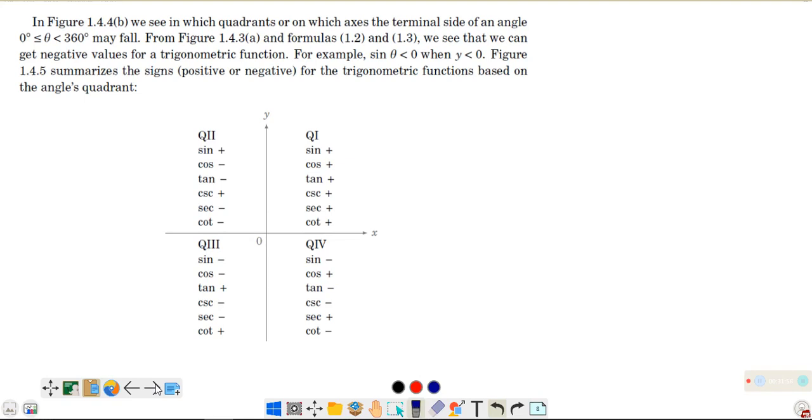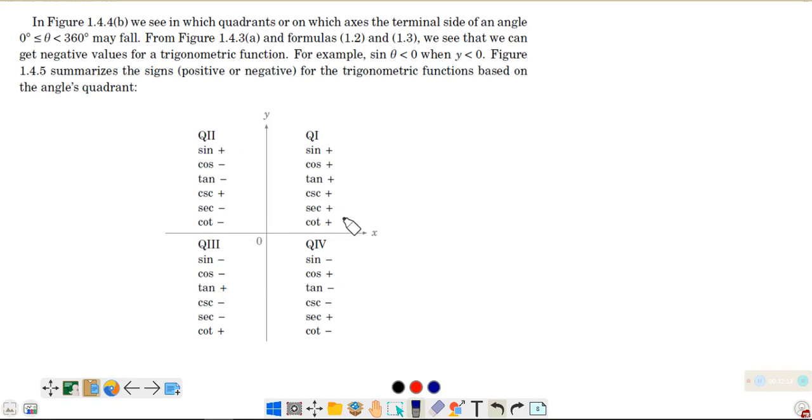Ayan. So, kapag na-define mo na kung saan maglalay yung terminal side mo on the Cartesian coordinate plane, pwede ka nang mag-assume ng magiging sign ng mga trigonometric function values mo.